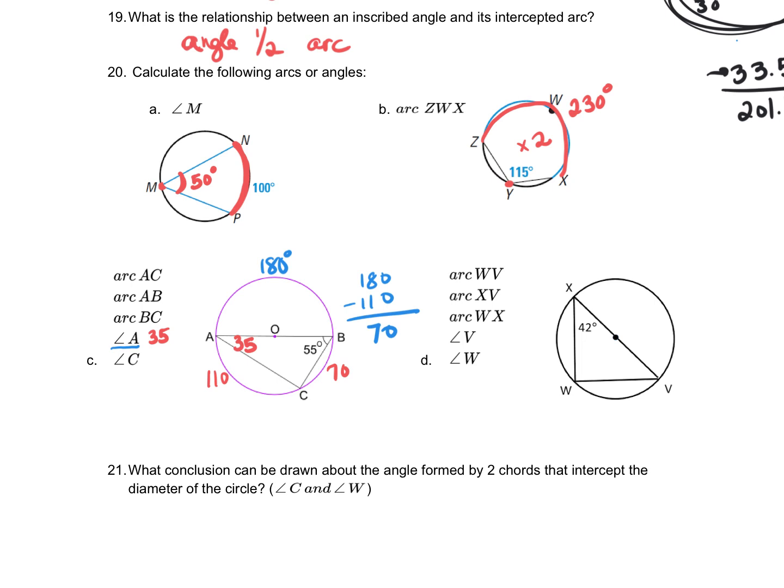Well, if you notice, ABC is actually a triangle, and any triangle has a total of 180 degrees. So if I do 55 plus 35, which is 90, and so subtract 35 degrees, subtract 55 degrees, that leaves me with 90 degrees. So this is actually a 90-degree angle.